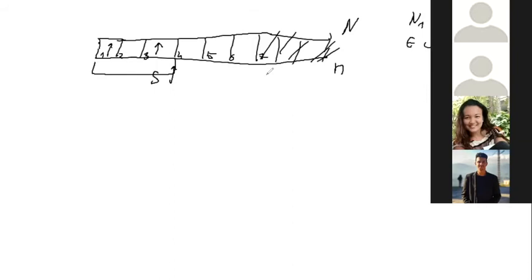Clear? Yes, sir. Now I switch back. Before going, the capital N is the number of particles. Programmers have a tradition in Python to name variables with lowercase letters.